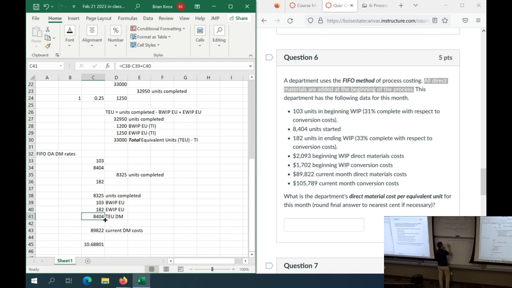And then we have TEU under FIFO equals units completed minus beginning WIP equivalent units, plus ending WIP equivalent units. And so the rule goes, if you plug that in, let's plug this in for here.